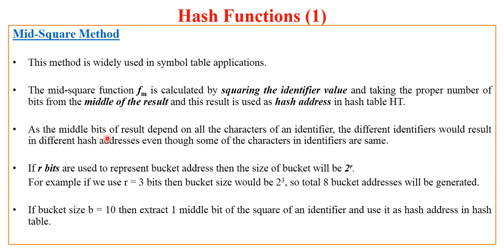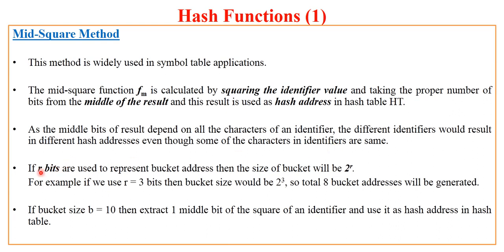The middle bits of the result depend on all the characters of an identifier. Different identifiers will result in different hash addresses even though some of the characters in the identifiers are the same. We'll see that in the next slide.